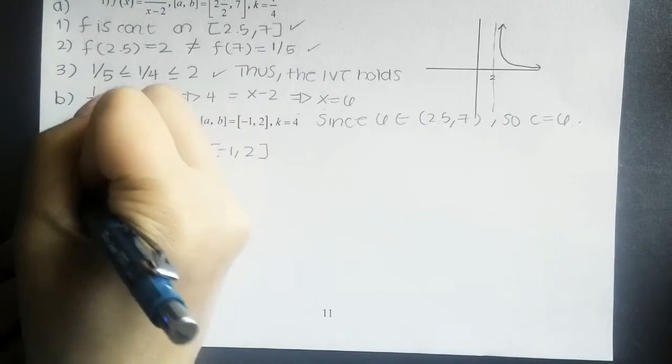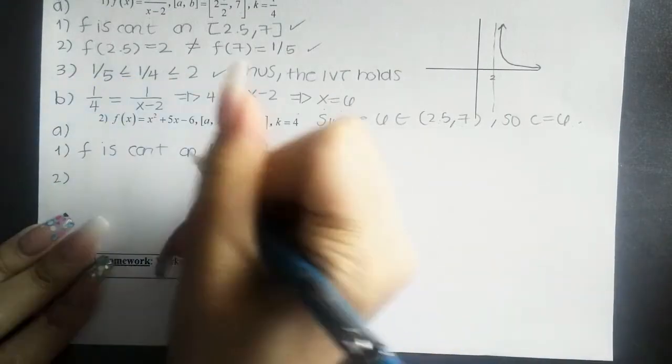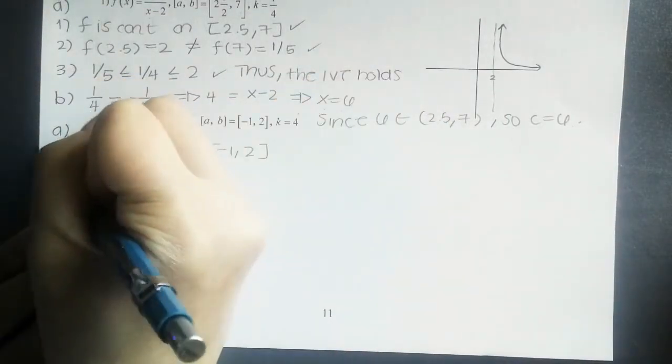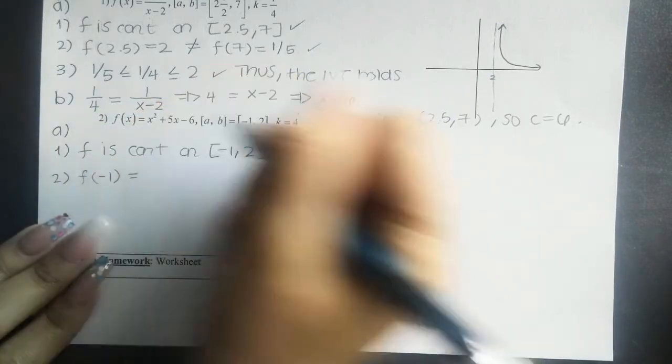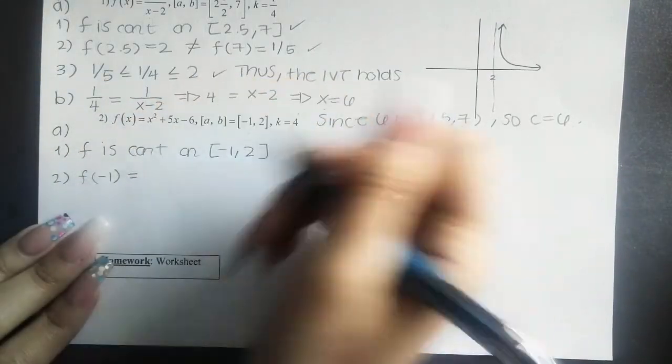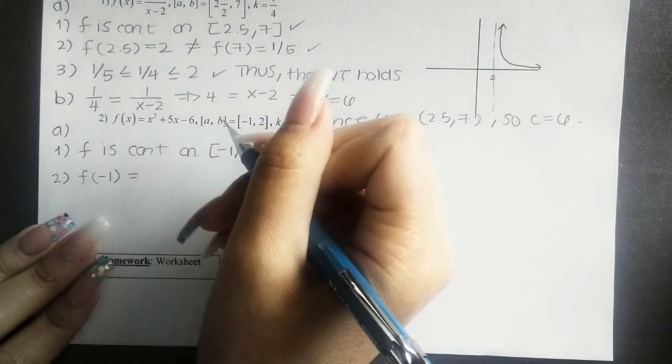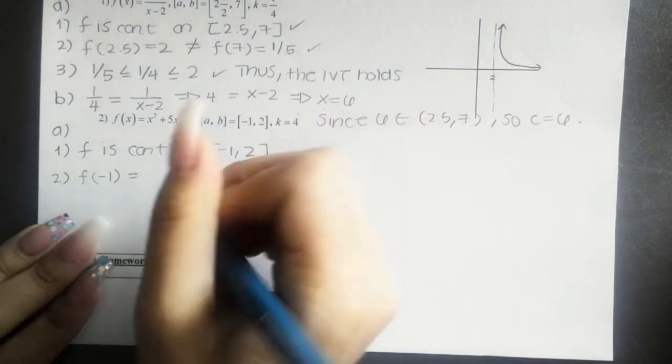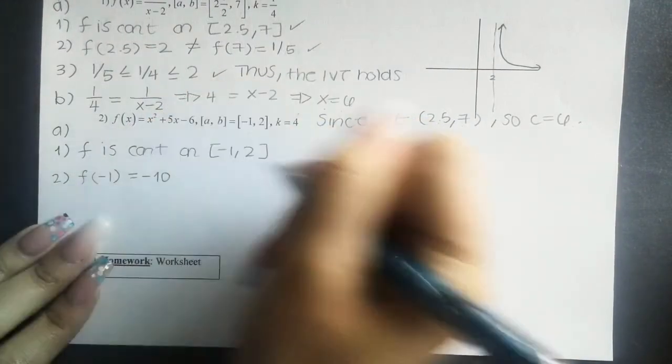The second condition that you need to double check is you need to compute f of -1. You are going to plug it in as usual, nothing too scientific here. When you plug it in there, this is going to be equal to -10.